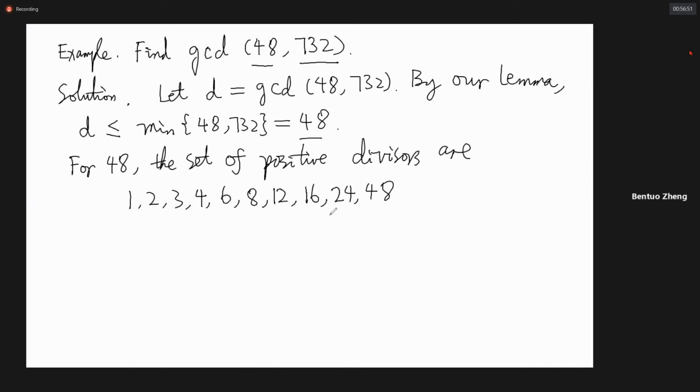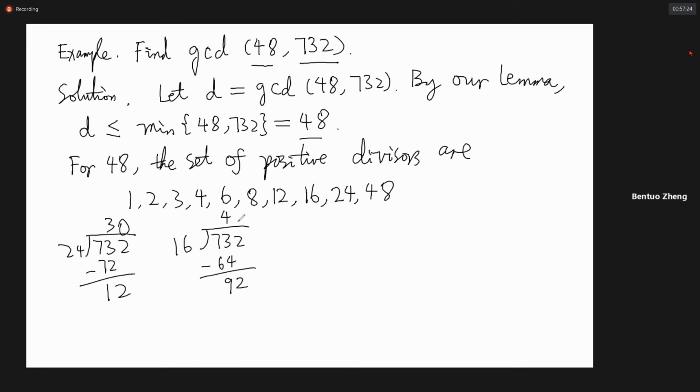So now you have to check 24. This is not a divisor because we get a remainder of 12. Then you look at 16. This is not a divisor of 732 either. So what about 12?